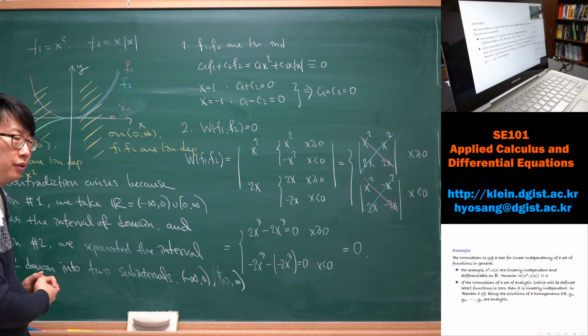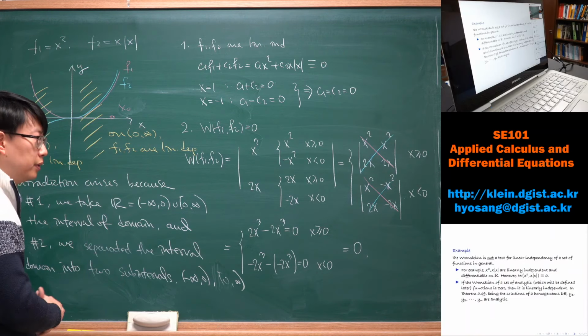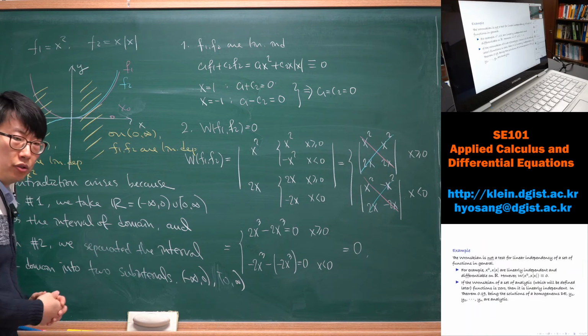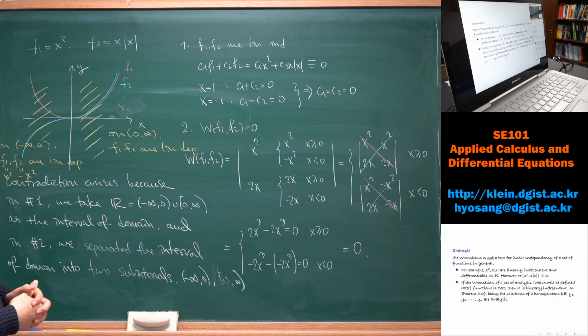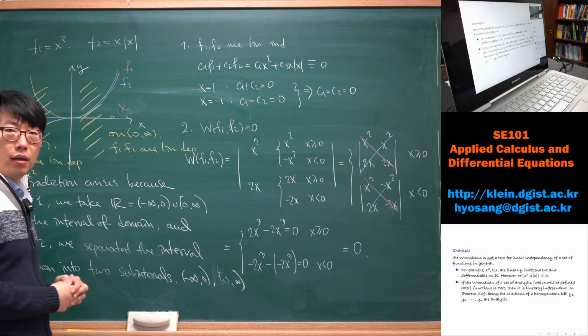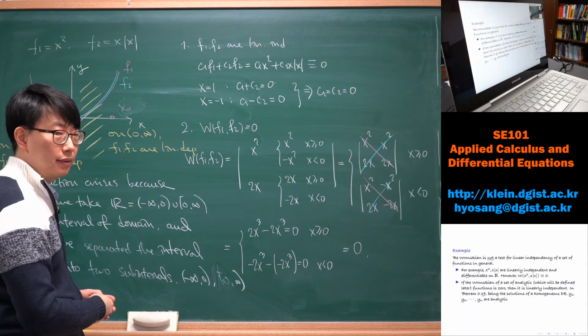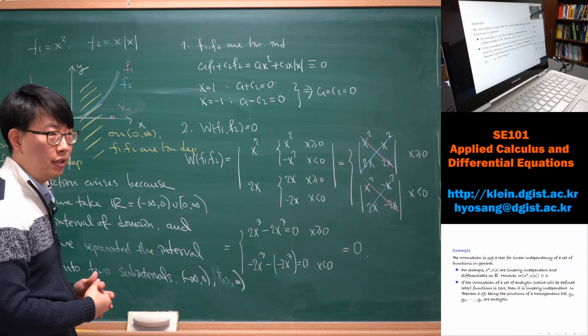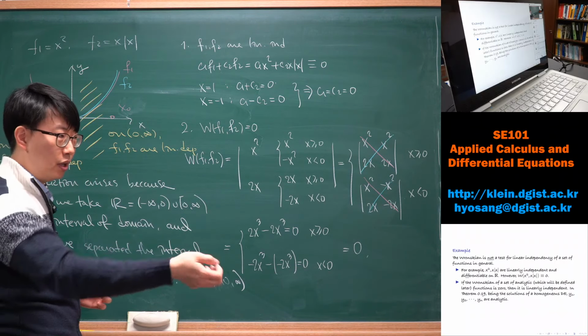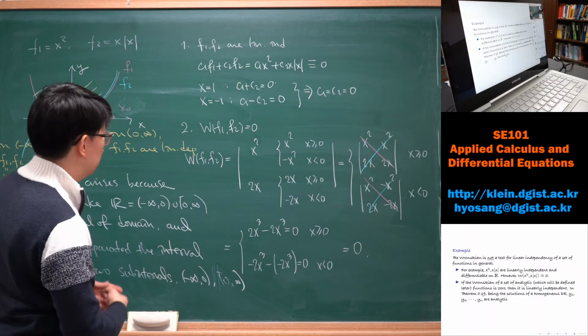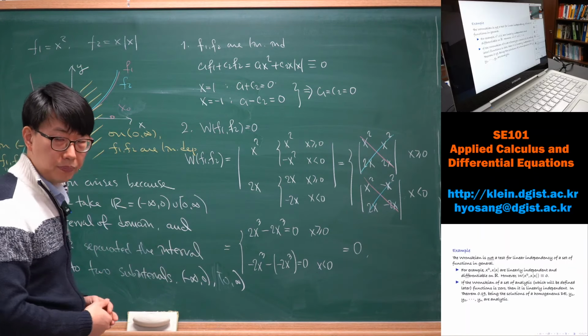If the Wronskian is not 0 on that small interval, then the two functions, or n functions, are linearly independent. If it's not, then you don't have linearly independent solutions. You have to find another solution to get the general solution.